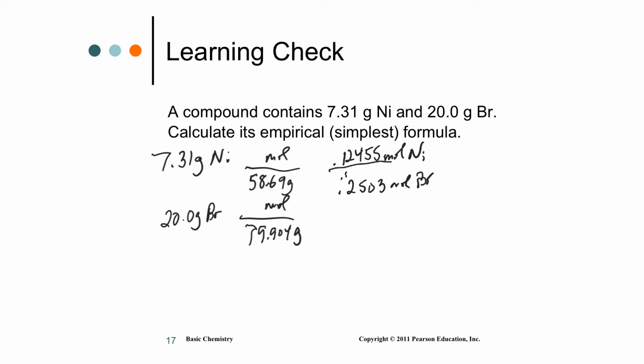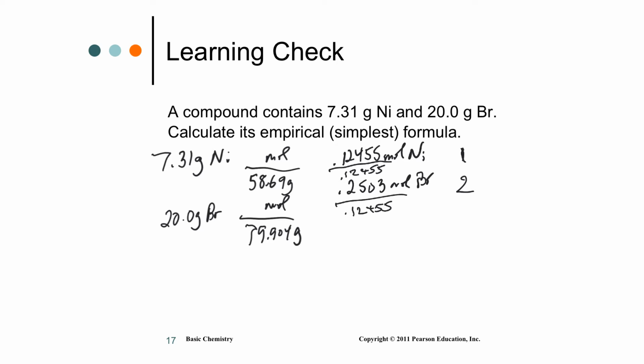If I divide 0.12455 into that, I get the number 1. If I divide 0.2503 by 0.12455, I get a 2. That's pretty cool. It was 2.00.